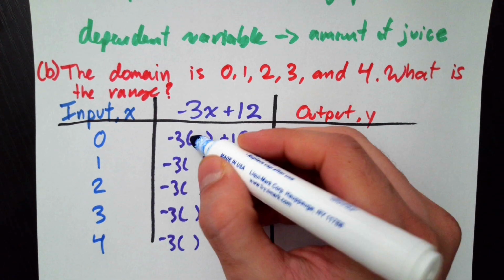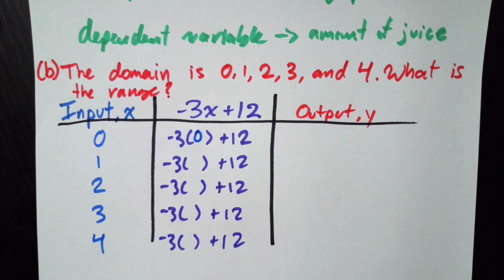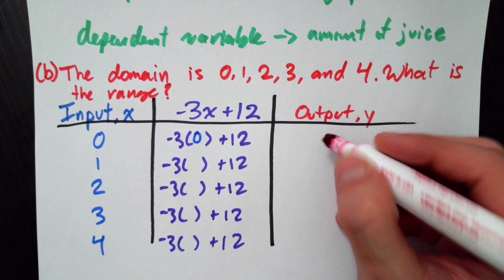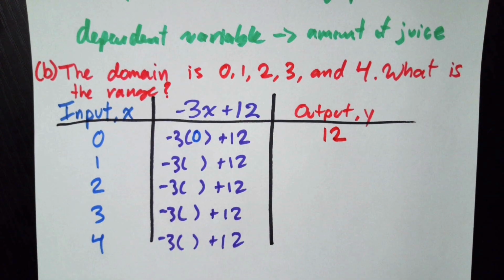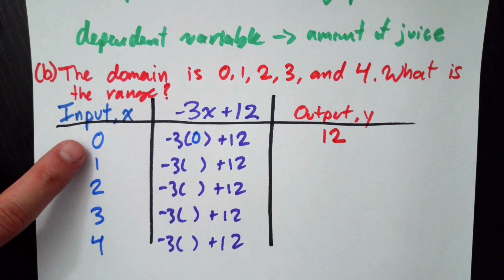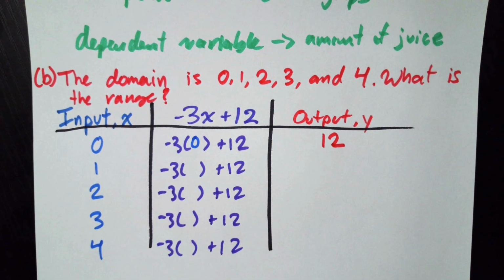So this x gets replaced with a 0. Negative 3 times 0 is 0, and 0 plus 12 gives me 12. Now this makes sense. If we started with 12 ounces and we don't take a sip of anything, we're still at 12 ounces. So that checks out.